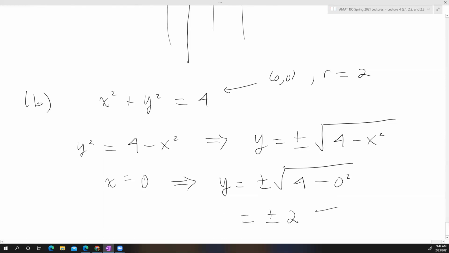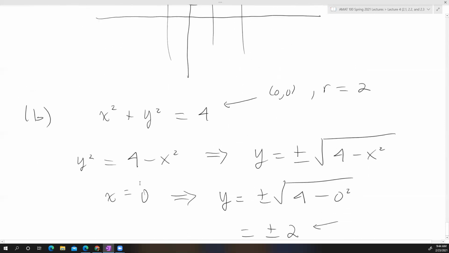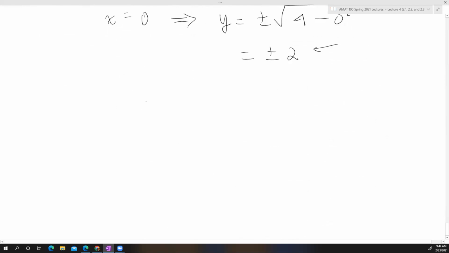So this has two outputs corresponding to one input, so the equation does not give us a function of y in terms of x. This is an algebraic way of seeing why this is not a function.